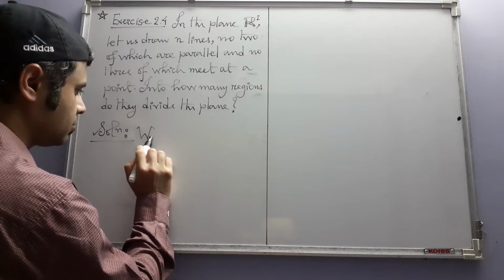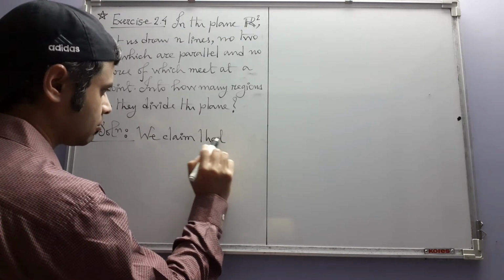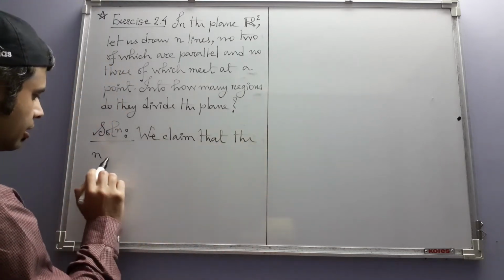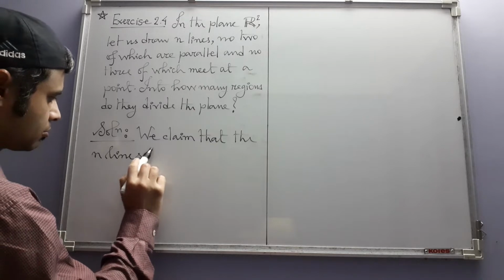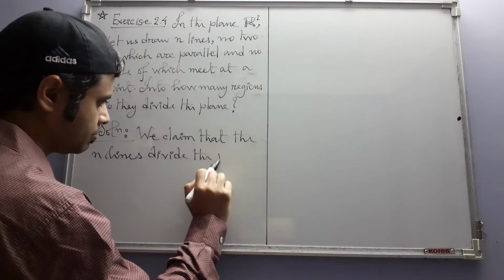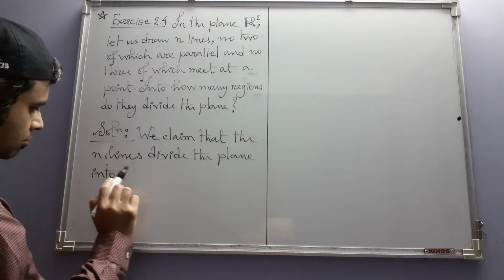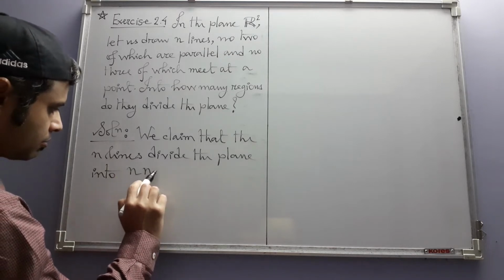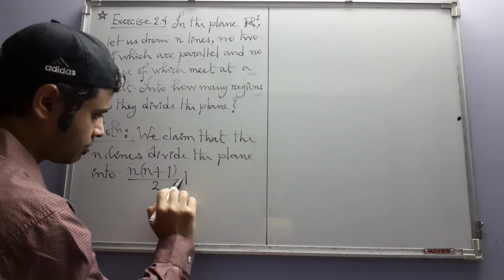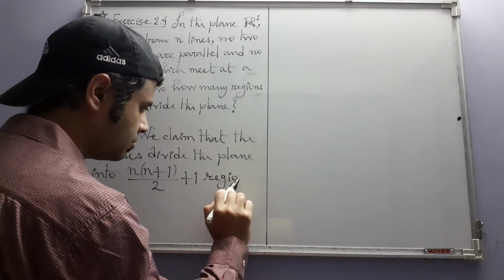We claim that the n lines divide the plane into n times n plus 1 divided by 2 plus 1 number of regions.